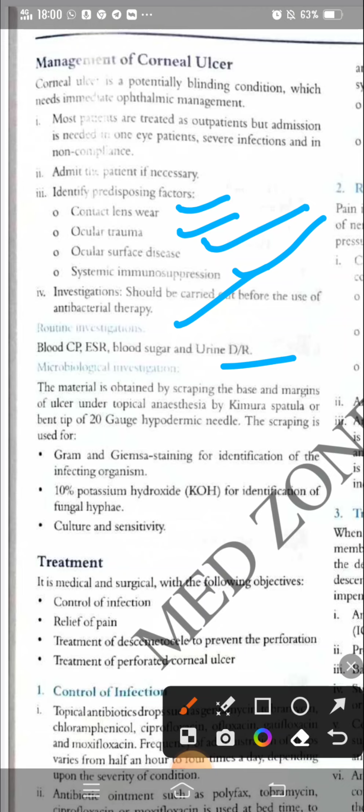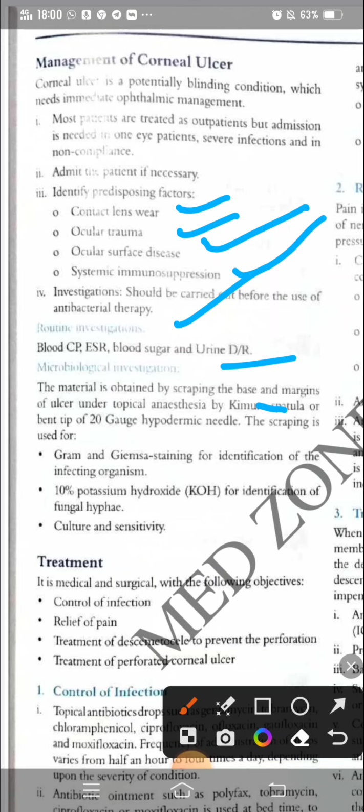Then come microbial investigations. You would obtain material from the base and margins of the ulcer. And how would you do this? You would first of all anesthetize the cornea topically, and then you would take a Kimura spatula or the bent tip of a 20 gauge hypodermic needle.